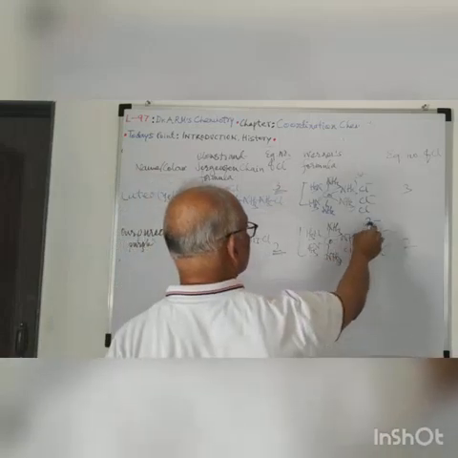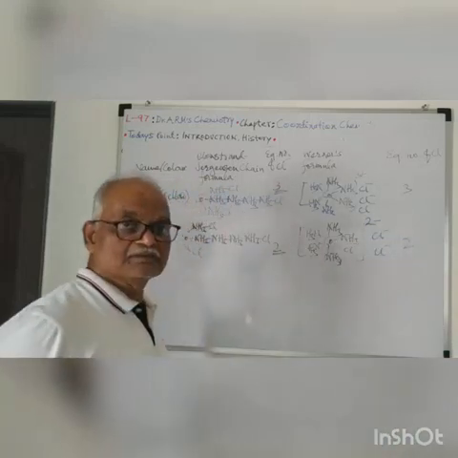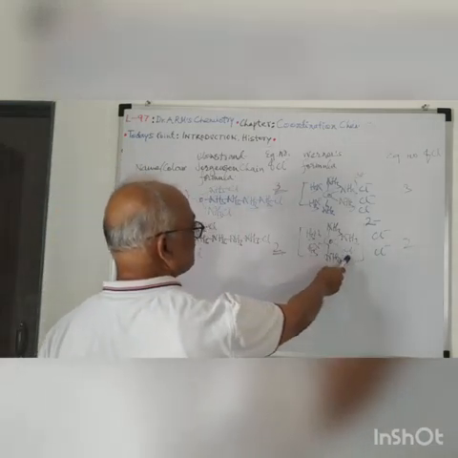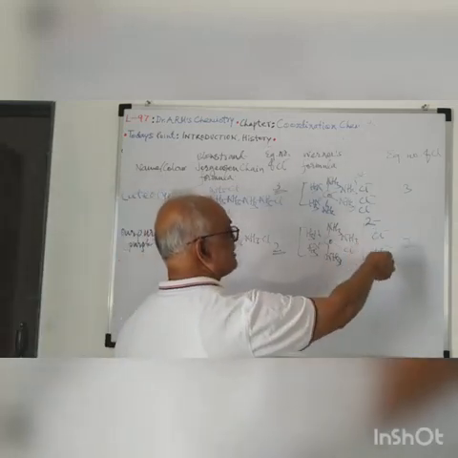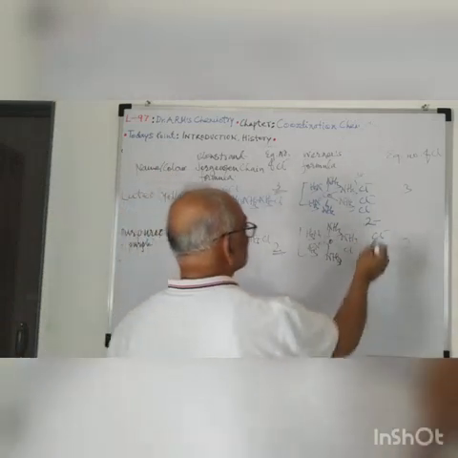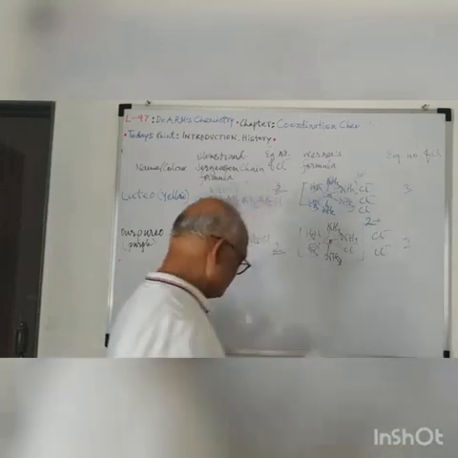The charge on this complex is 2 plus. Here one of them, NH3, that is out of 6, one NH3 is replaced by Cl-. So the charge on the complex is 2 plus, and it is neutralized by 2Cl-.